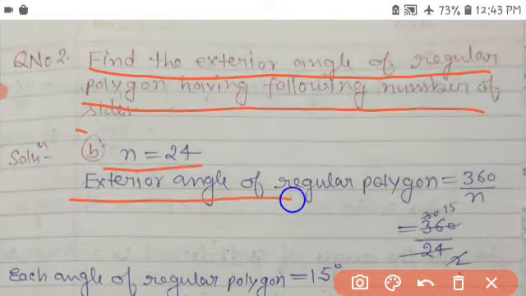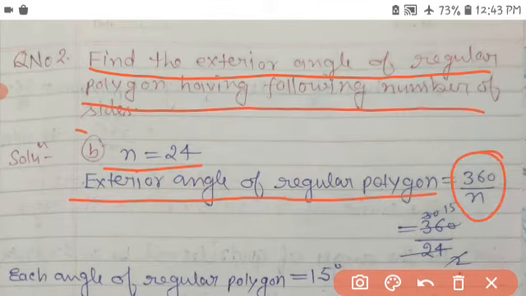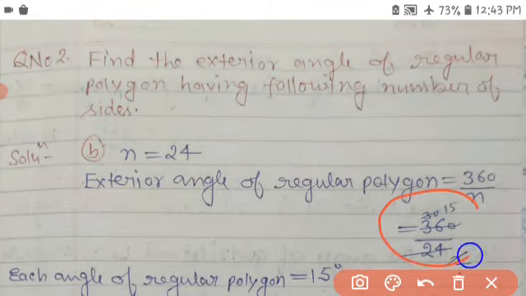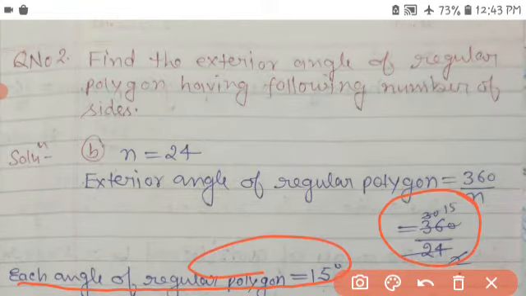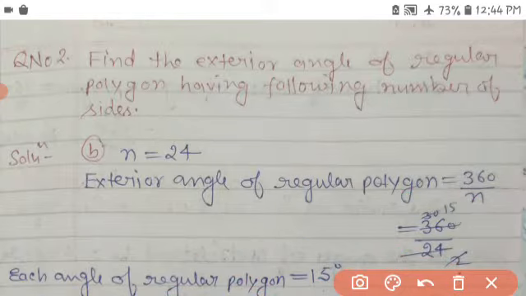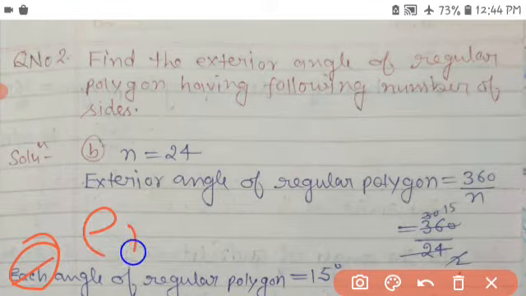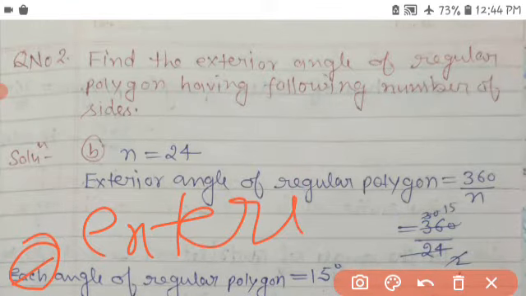Exterior angle of a regular polygon is equal to 360 upon n. 360 upon 24 is equal to 15 degrees. Each exterior angle of a regular polygon is 15 degrees.